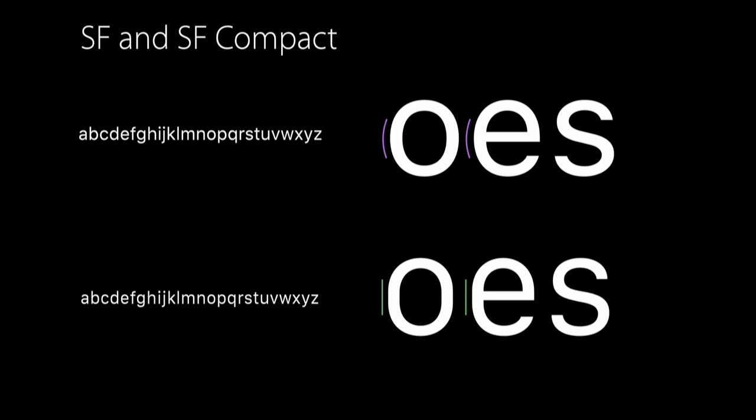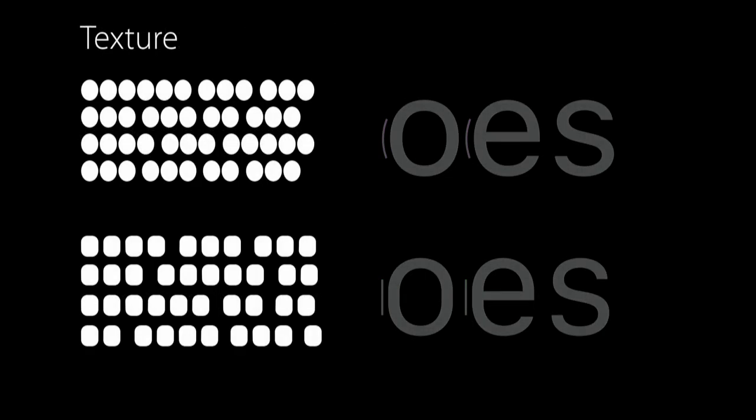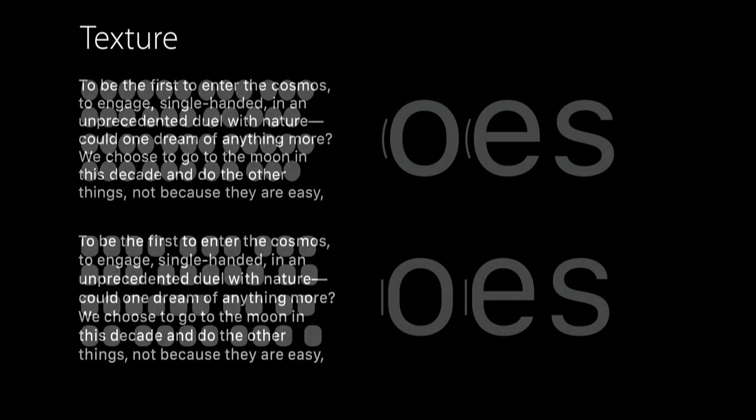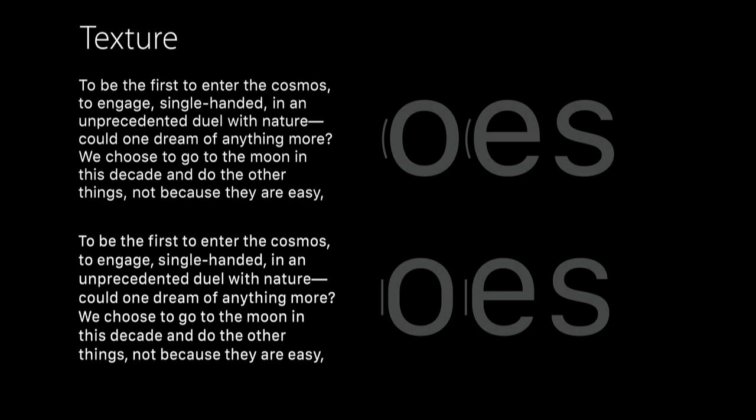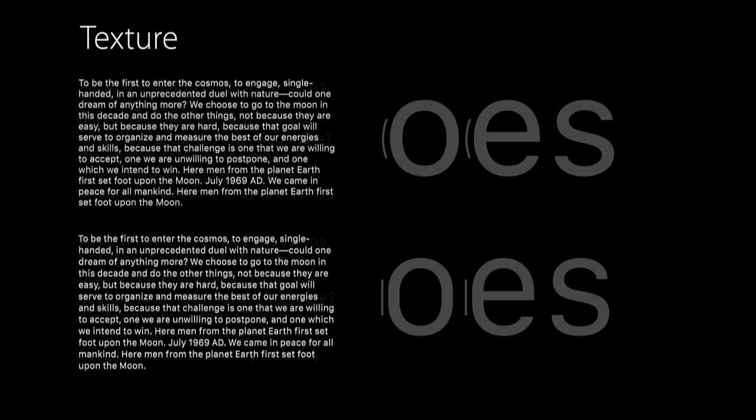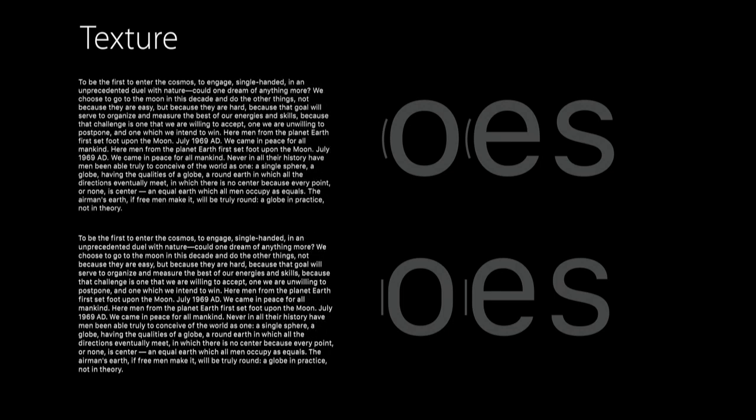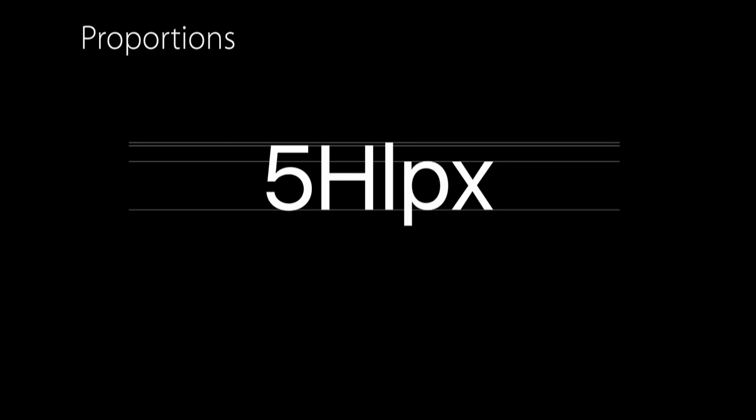The first is stylistic, but the second one, more importantly, is functional. These flat sides allow us to have more space between the letters, which means they are more legible when they're smaller. And this seemingly inconsequential feature, repeated over and over and over again in text, really does make a big difference.